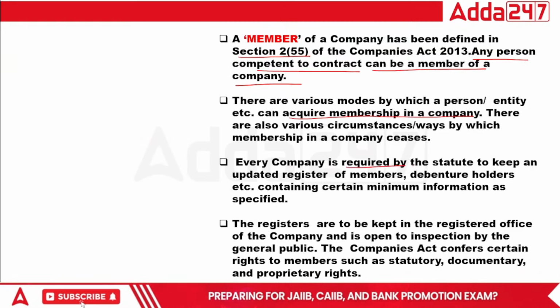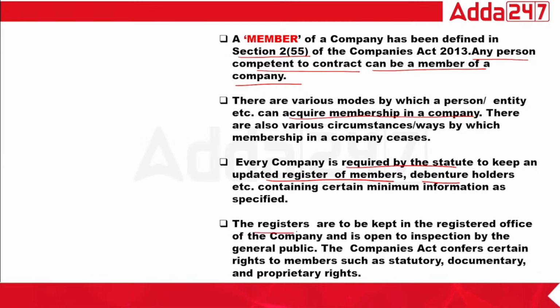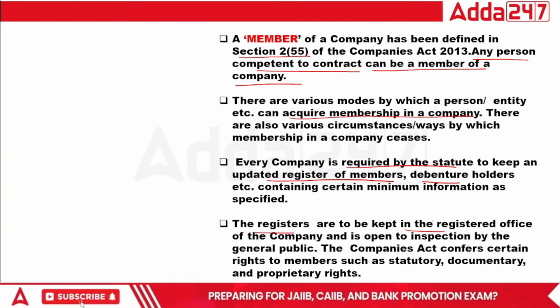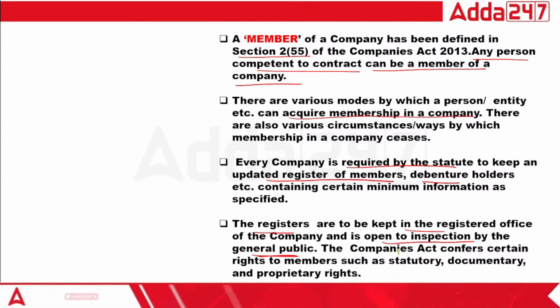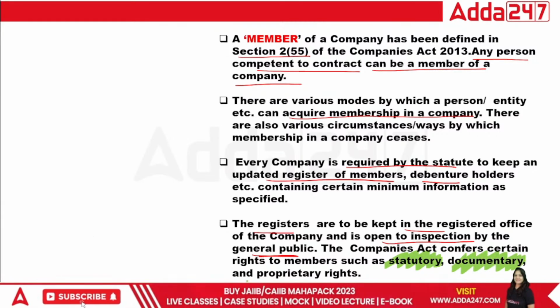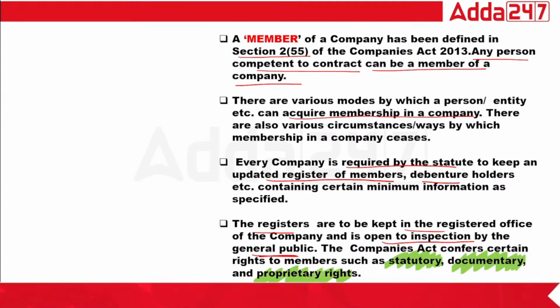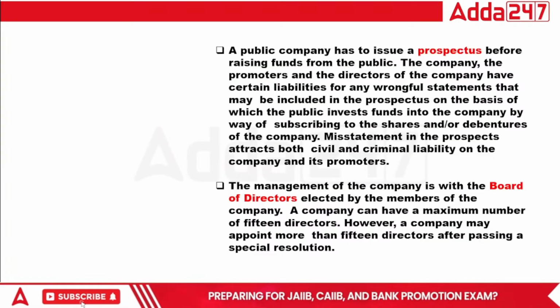Every company is required by statute to keep an updated register of members, debenture holders, etc. The registers are to be kept at the registered office and open to inspection by the general public. We have also seen the rights of members: statutory rights, given in the Companies Act; documentary rights, given in the MOA and AOA; and property rights, that is, general rights.